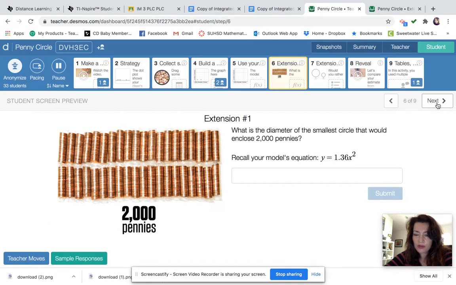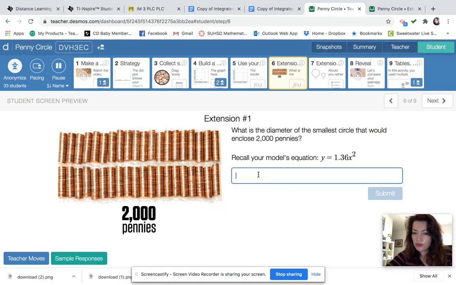What is the diameter of the smallest circle that would enclose 2,000 pennies? Recall your model's equation. All right, so for this slide, they're going backwards. They're saying what would be the diameter if you had 2,000 pennies? So our 2,000 pennies is actually our Y value.